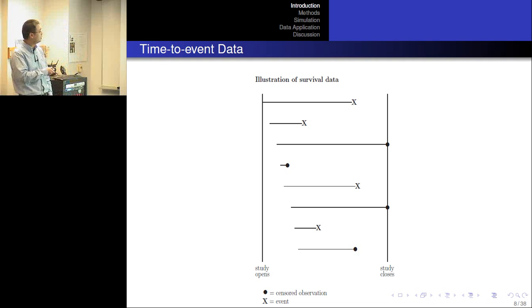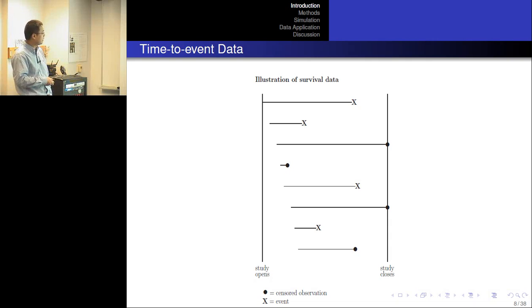Different patients may enter the study at different time points. For example, different patients may have had transplantation during different times of 2015. That's why each horizontal line represents a different patient record, and we can see different patients enter the study at different time points. And the first two patients died during 2015.